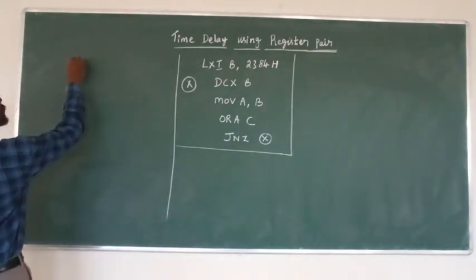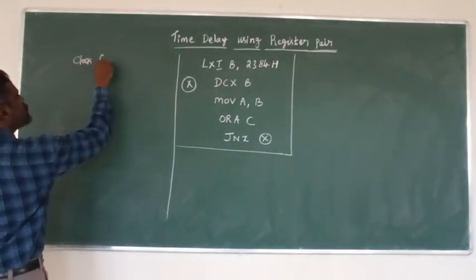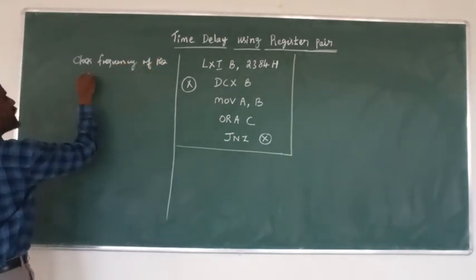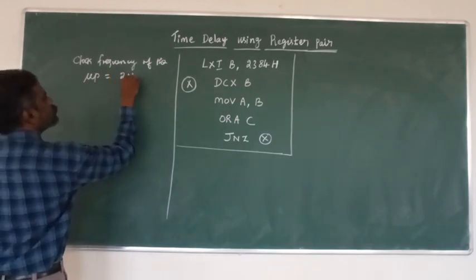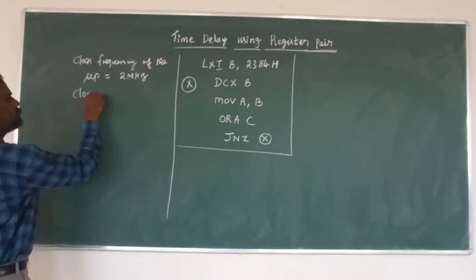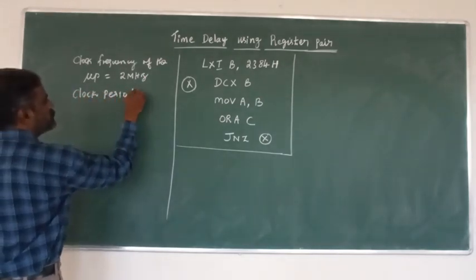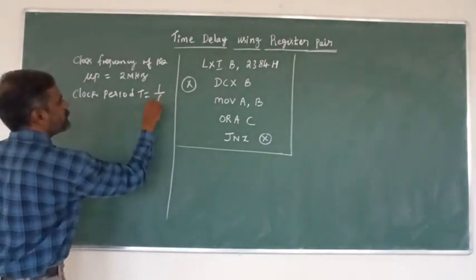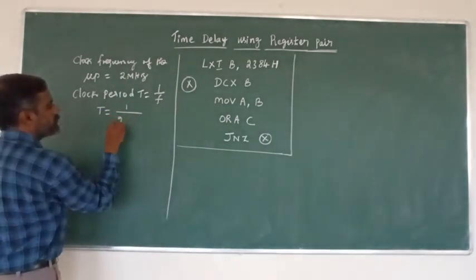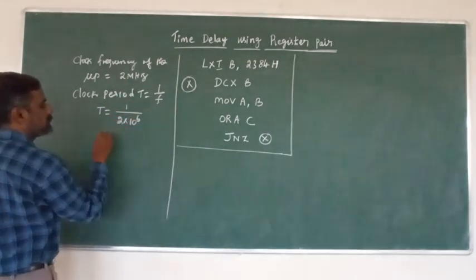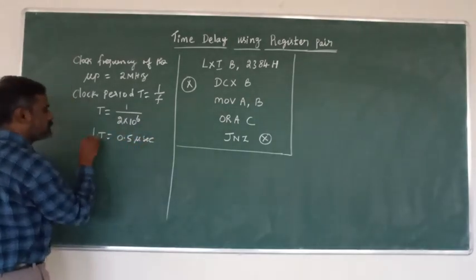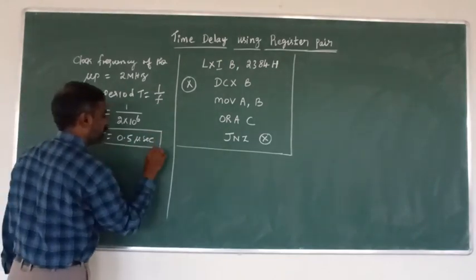Given the clock frequency of the microprocessor, suppose 2 megahertz, the clock period T equals 1 divided by F. So T equals 1 over 2 times 10 to the power of 6. Dividing these, we get 0.5 microsecond. This is the clock period.